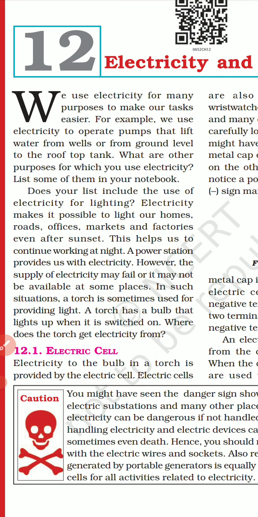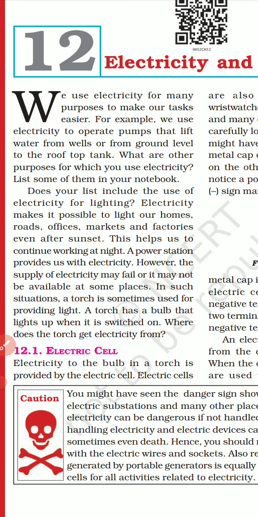Electricity makes it possible to light our homes, roads, offices, markets and factories even after sunset. This helps us to continue working at night. A power station provides us with the electricity.